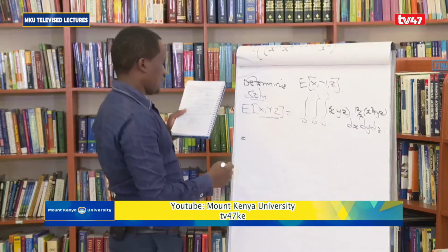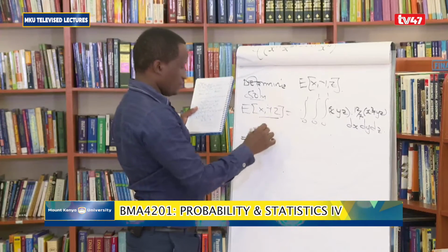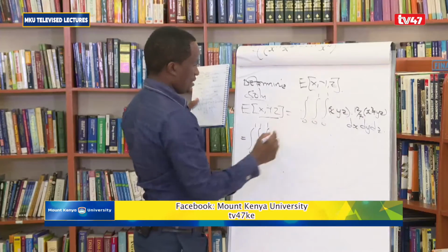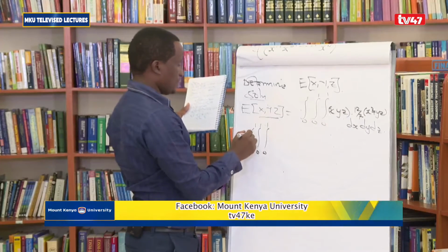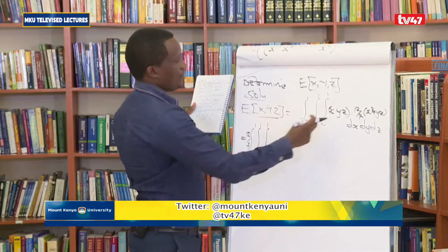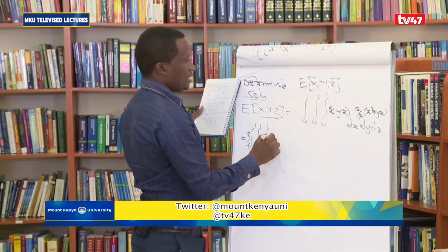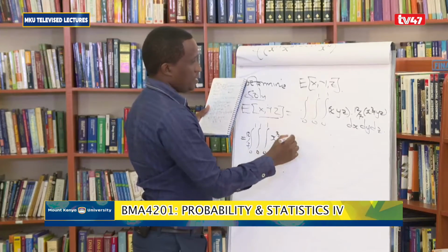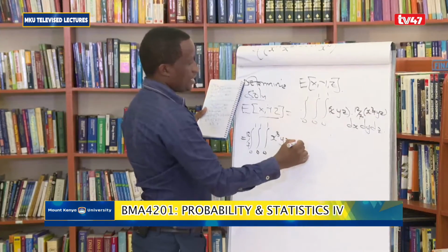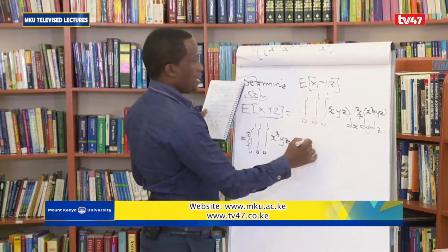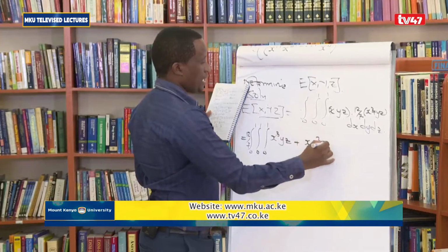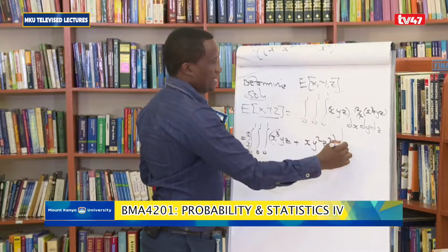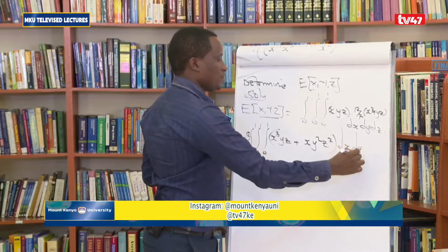Opening up the brackets, we can first factor out 12 over 7, so that if I multiply this and this, I get x cubed yz. If I multiply this in the second part, I get plus x y squared z squared. Then we are integrating with respect to x, y, and z.